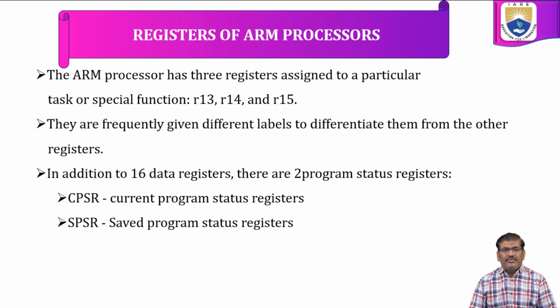They are frequently given different labels to differentiate them from the other registers. In addition to the 16 registers, there are two program status registers. One is CPSR and the other is SPSR. CPSR stands for Current Program Status Register. SPSR is the Saved Program Status Register.